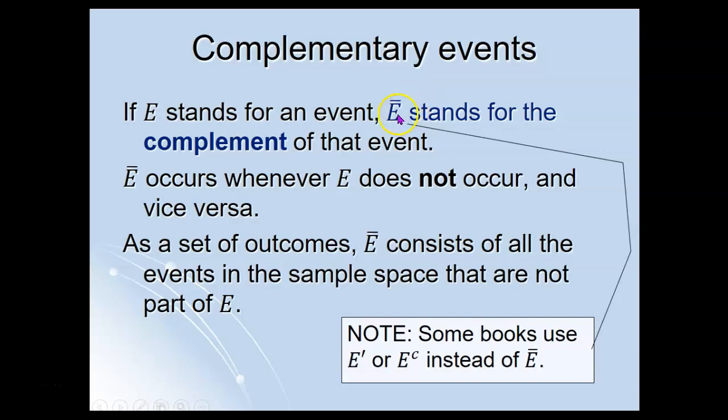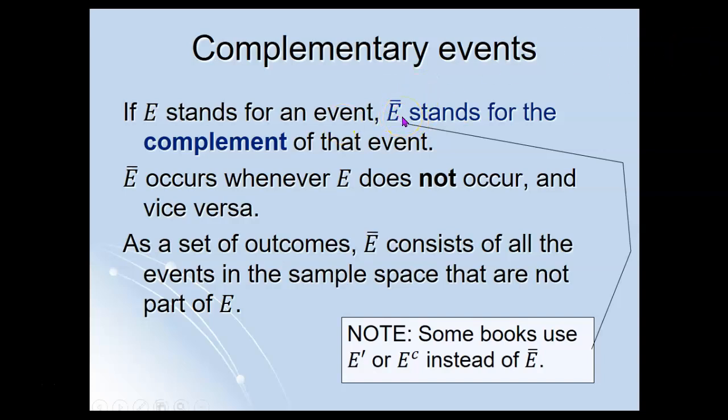So when we talk about something not happening, that gets into what's called complementary events. If we use a letter like E to stand for some event that might happen or it might not happen, then an E with a line over it, pronounced E complement, or maybe just E bar, would stand for the complement of that event.